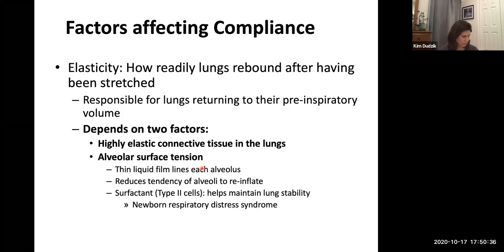The other one is what's referred to as alveolar surface tension. Remember we said that our lungs have all this fluid along the outside of them, that pleural fluid all around the outside in that little space. That means fluid, mainly water, is coating the outside of the alveoli.